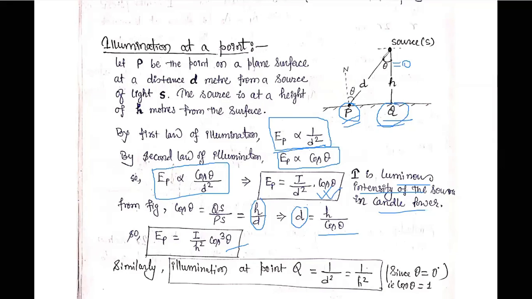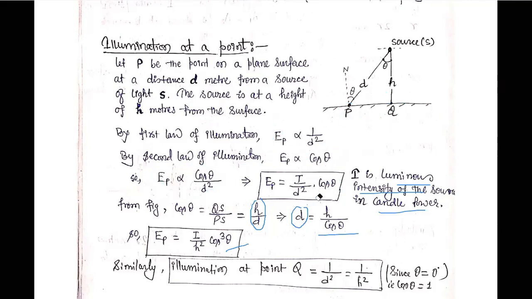If this flux line will be along the line this, okay. So just put the value of theta is equal to 0. Okay, you will get the illumination at point Q. Okay, so in this way, you can calculate the illumination at any particular point due to a particular light source.